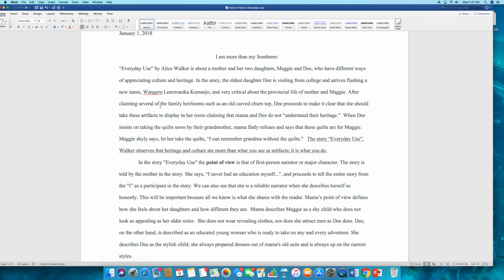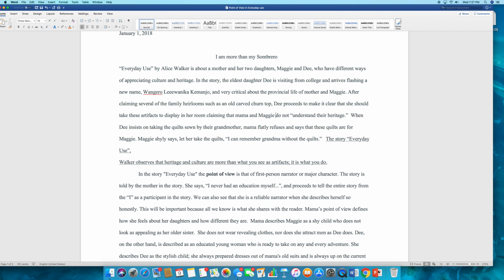After claiming several of the family heirlooms, such as an old carved churn top made of wood, Dee proceeds, that's the eldest daughter, to make it clear that she should take these artifacts to display in her room, claiming that Mama and Dee, that's an error again, that Mama and Maggie do not understand their heritage.